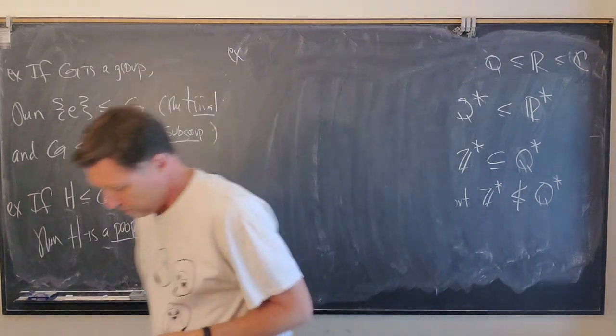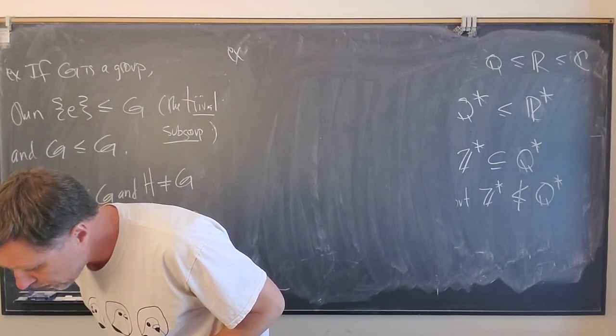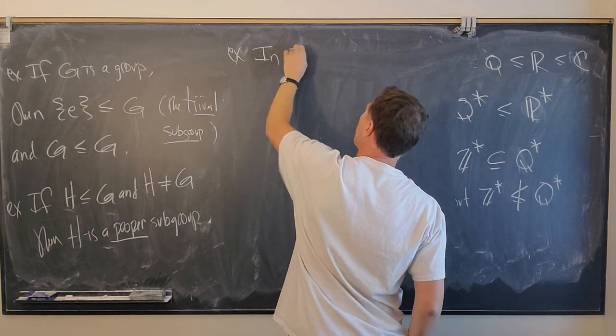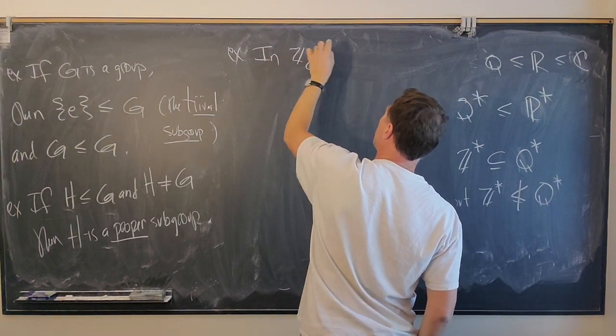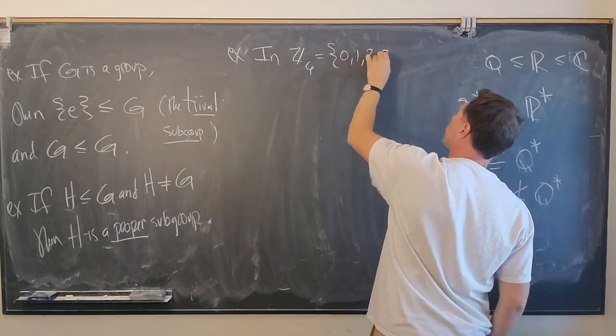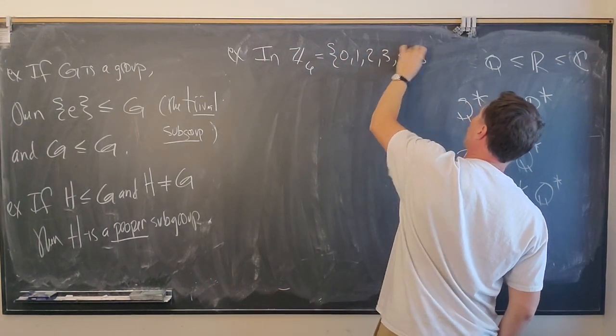So now another example. Let's look at the group of integers mod 6, so Z6, that consists of 0, 1, 2, 3, 4, and 5.